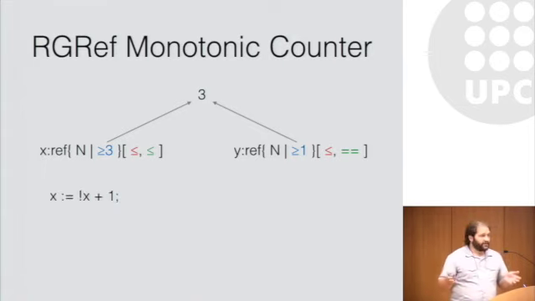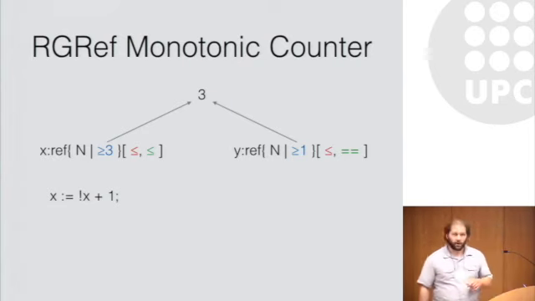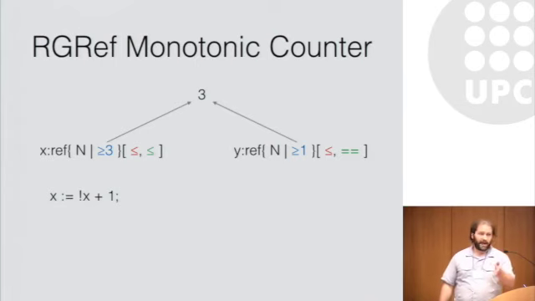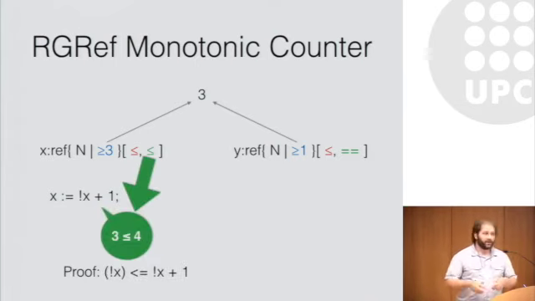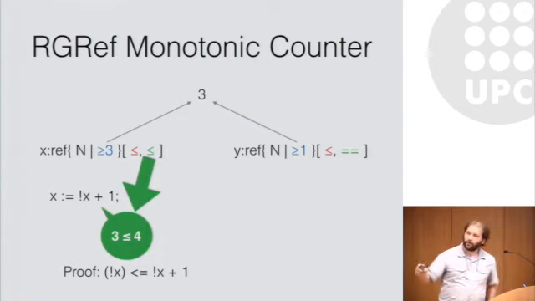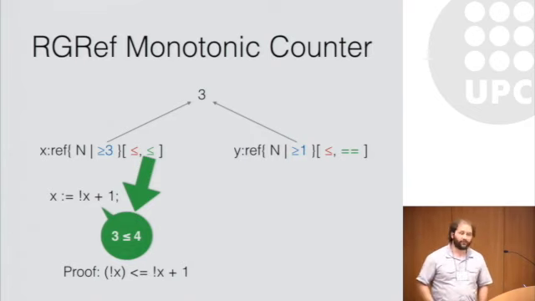So in this context, let's think about what it takes to type check an update through x and what its effects are on y. If we're going to modify the heap at the location x points to, we need to prove that this is permitted by x's type, that we're respecting its guarantee, which means we need to prove that the value of x in the current heap is less than or equal to the right-hand side of the assignment, that value plus 1, which is straightforward to prove.